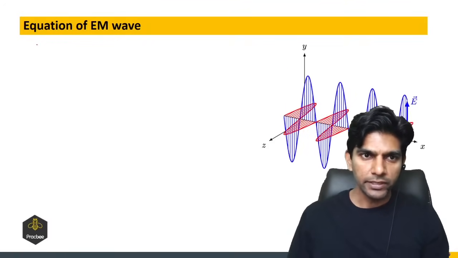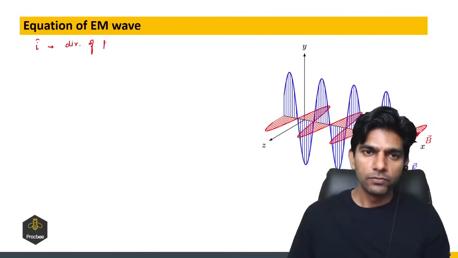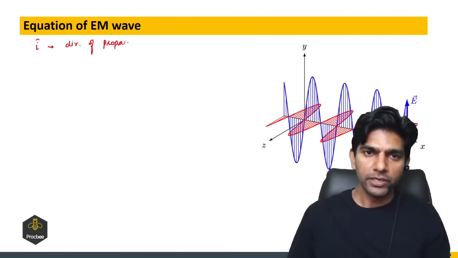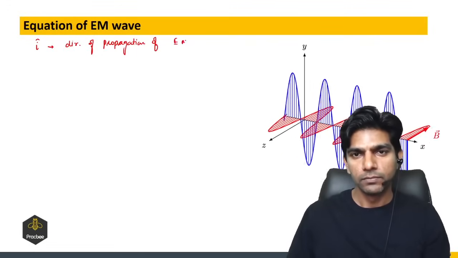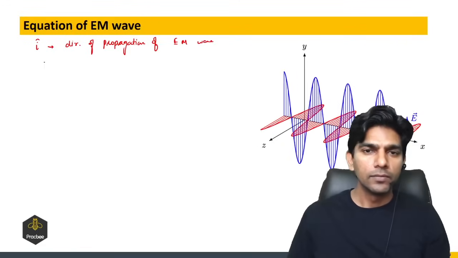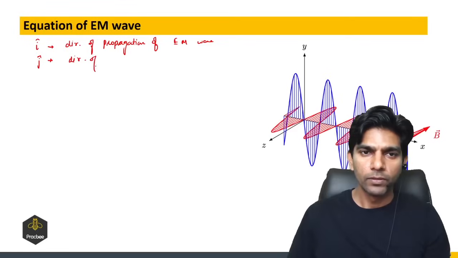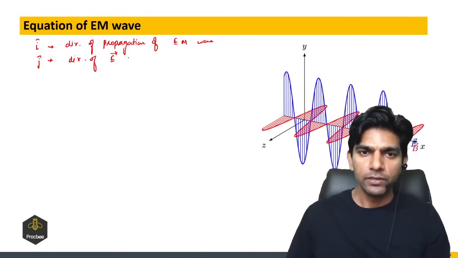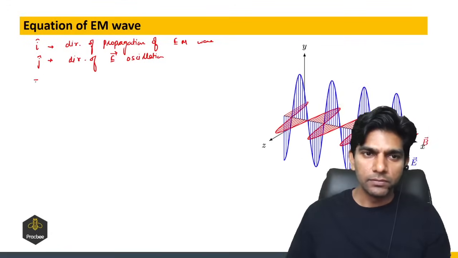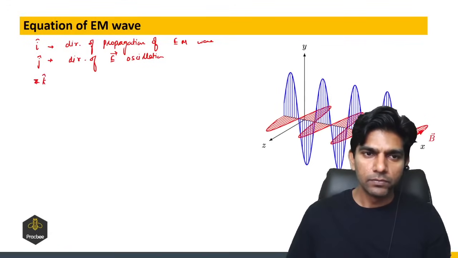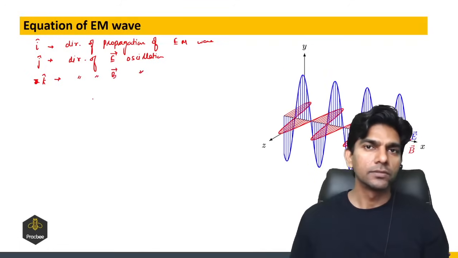In this particular case, i cap is the direction of propagation of the EM wave, j cap is the direction of electric field oscillation, and k cap is the direction of magnetic field oscillation.